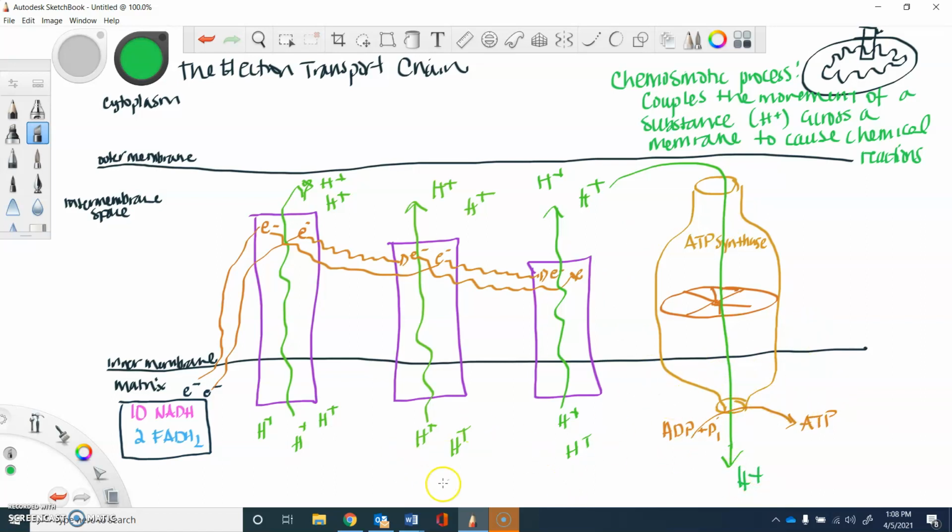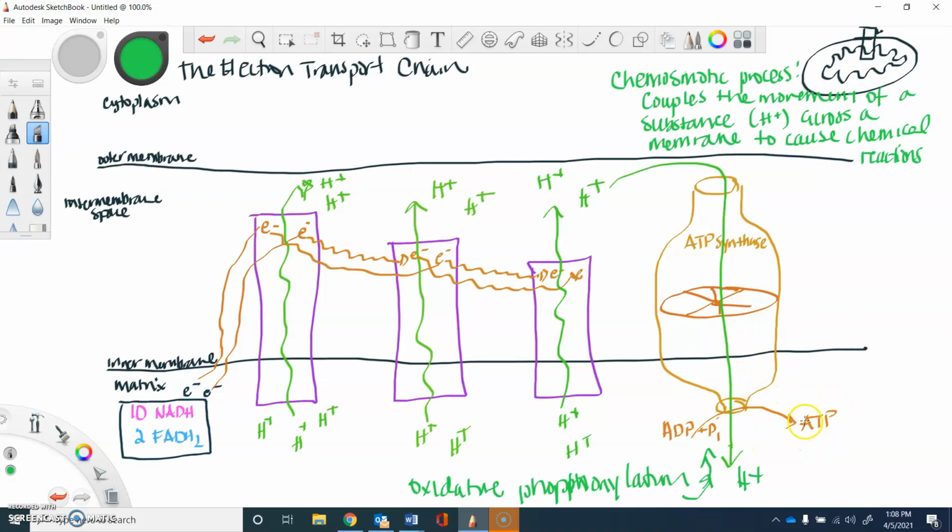That process is called oxidative phosphorylation. So this is oxidative phosphorylation that makes this ATP. Again, every time a hydrogen comes through there, we get an ATP.